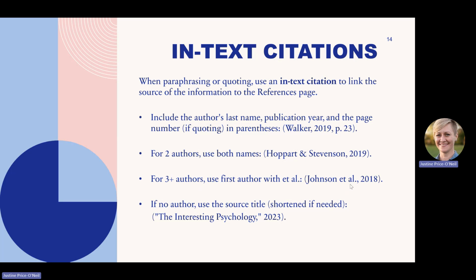And it's formatted just like that, E-T space A-L period, comma, and then your year. And if you don't have an author listed for the source, you can just use a shortened version of the title. So the interesting psychology here, the full article title was The Interesting Psychology of Memory in Children, something like that. And in this case, I've just shortened it to the first few words, and you still include that comma and the year.